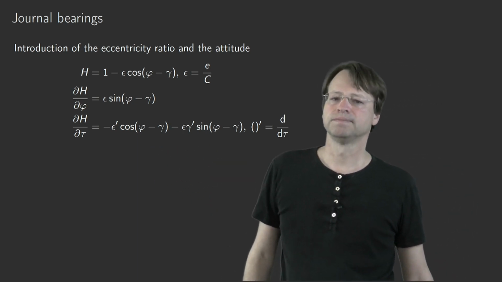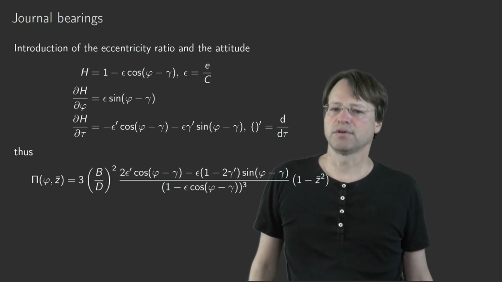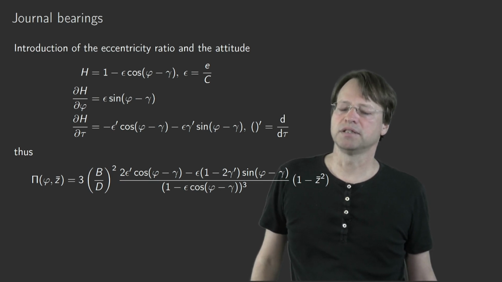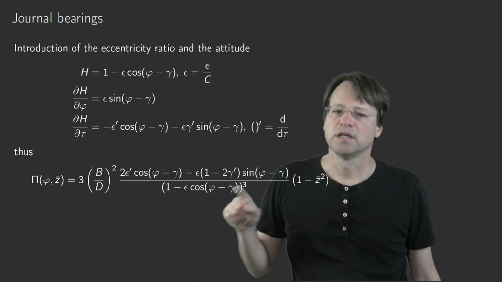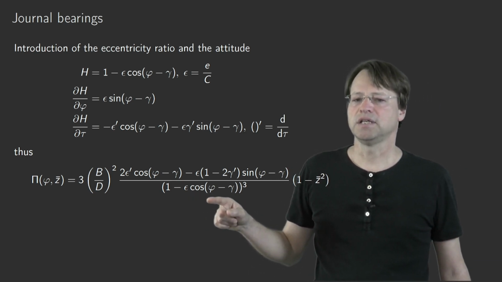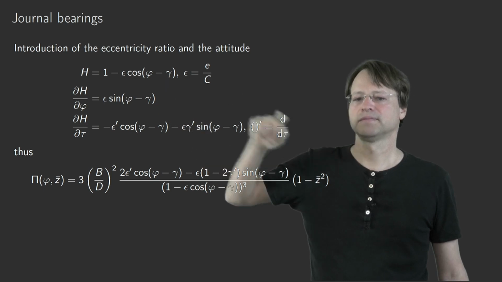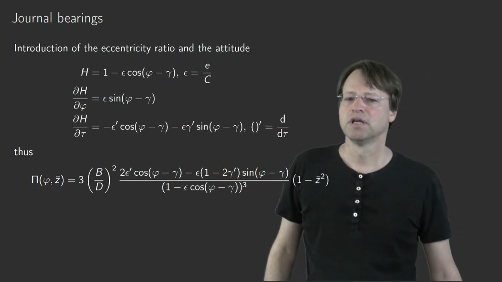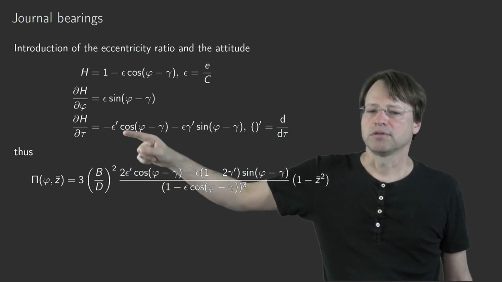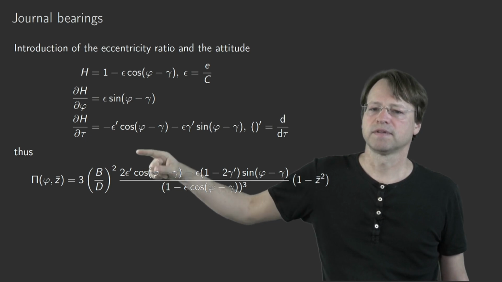Okay, thus putting everything together, we get 3 times b divided by d squared. You can see in the denominator the h cubed, 1 minus epsilon cosine phi minus gamma cubed, here, capital H cubed. You will find here 2 times epsilon, 2 times dh by d tau with a negative sign.